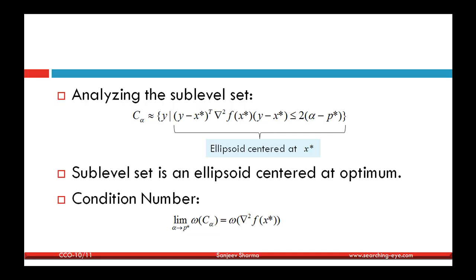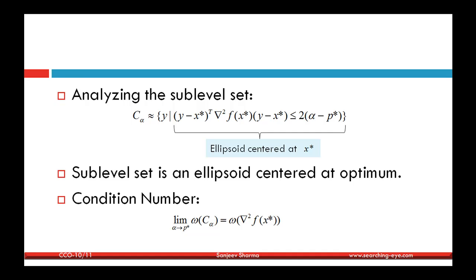Therefore the condition number of the sublevel set near the optimum value of x is going to be the condition number of the Hessian of the objective function near the optimum solution, and this will play a major role in Newton's algorithm, and we will analyze the role of the condition number in the convergence of the steepest descent and line search methods.